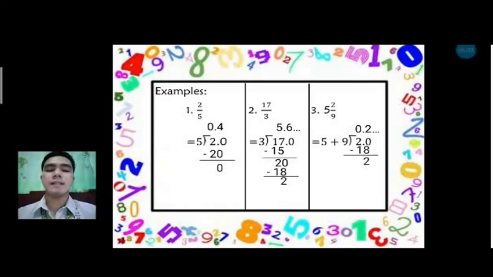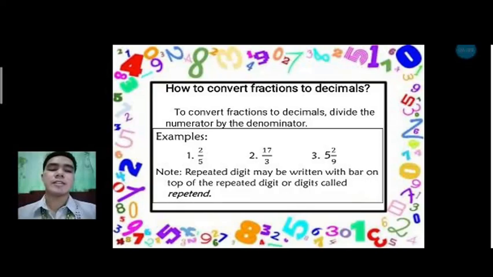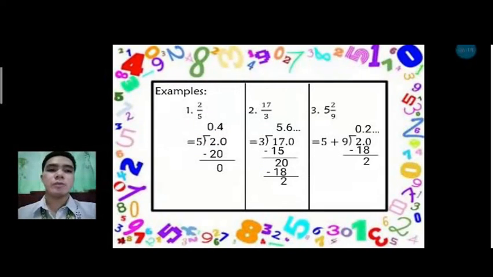Number 1, 2 over 5. As I said, we have to divide the numerator by the denominator. So here we have 2 over 5, therefore we have to divide 2 by 5.